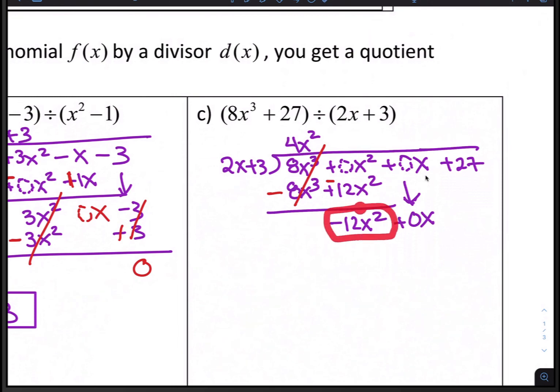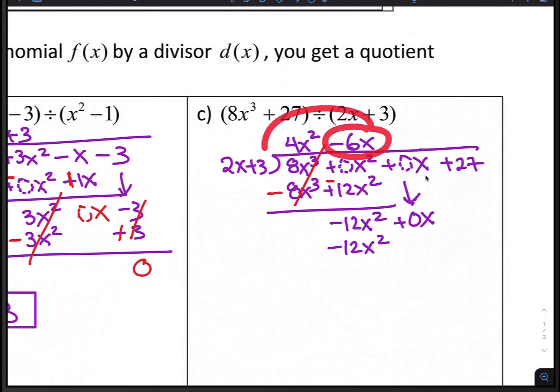Dividing negative 12x squared by 2x is going to give you negative 6x, which you put at the top. Let's multiply this negative 6x times 2x, and we'll get negative 12x squared, which you write on the next line. Now let's multiply negative 6x times 3. It's going to give you negative 18x.